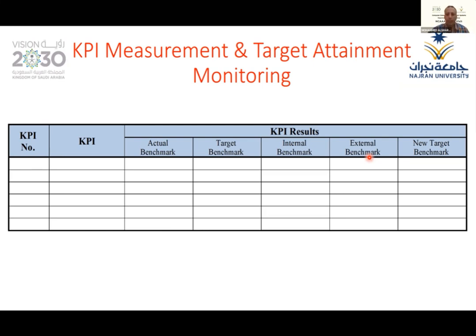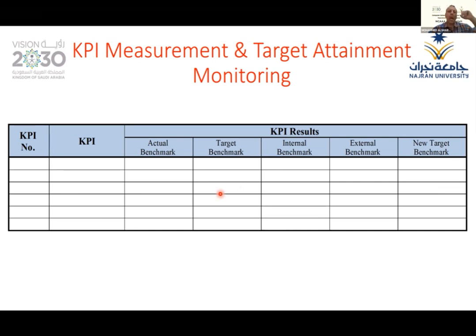Okay. Then for the new target benchmark, for example, I refer to the same example. The actual benchmark for this research, publications per faculty, was 1 to 3. The target that was there was 1 to 1. We achieved it. It means that when we set the new target, it should be increased, because the previous target was 1 to 1, and alhamdulillah, we achieved it.